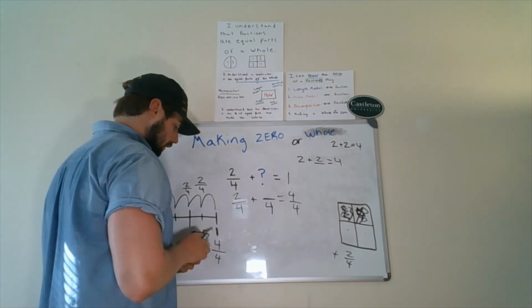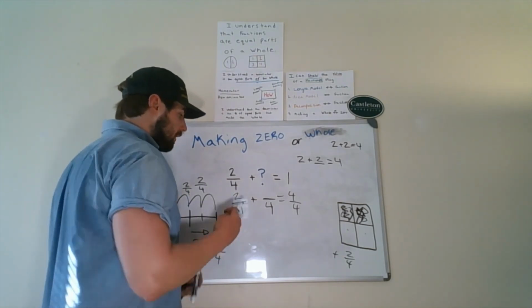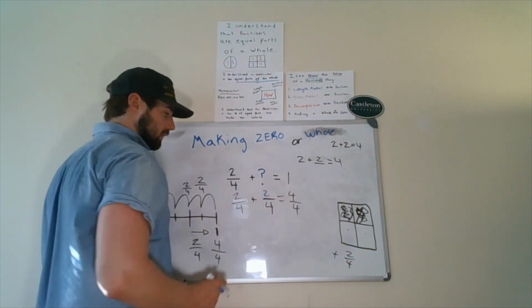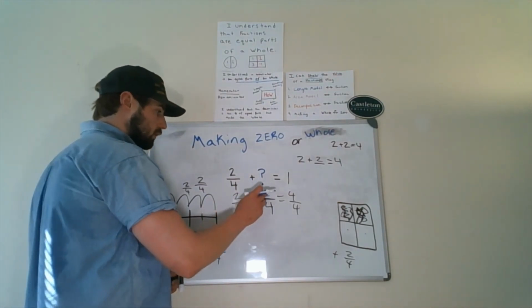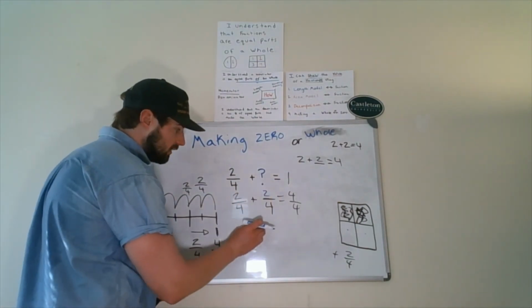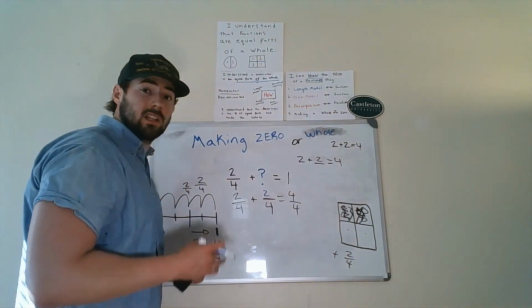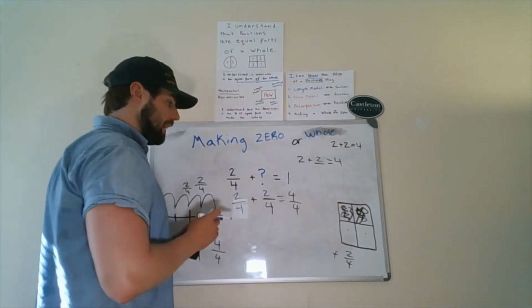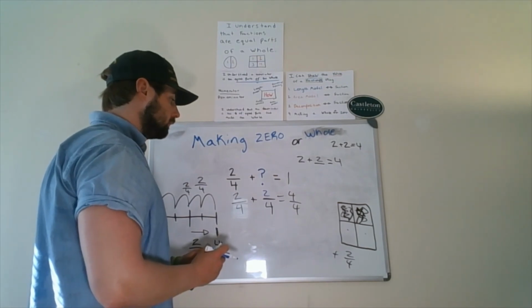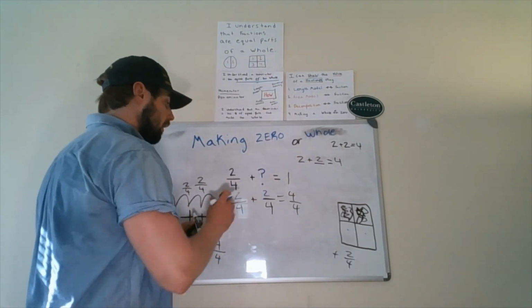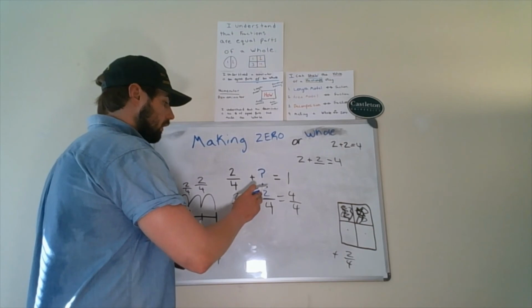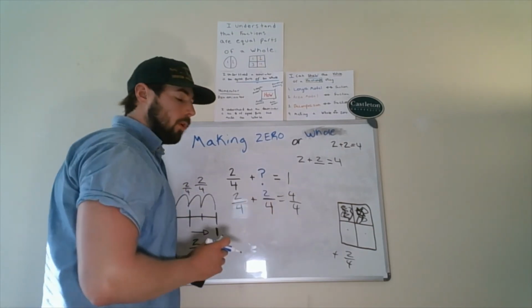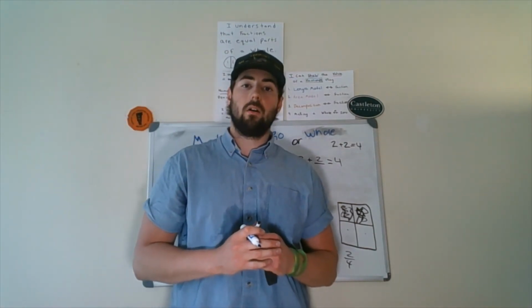So, that can be represented in my numerators, guys. 2 plus 2 equals 4. But look, our denominators don't change because they can't. We need to talk about the same parts that make that whole. Making a whole, starting with 2/4, adding 2/4 more will make that whole.